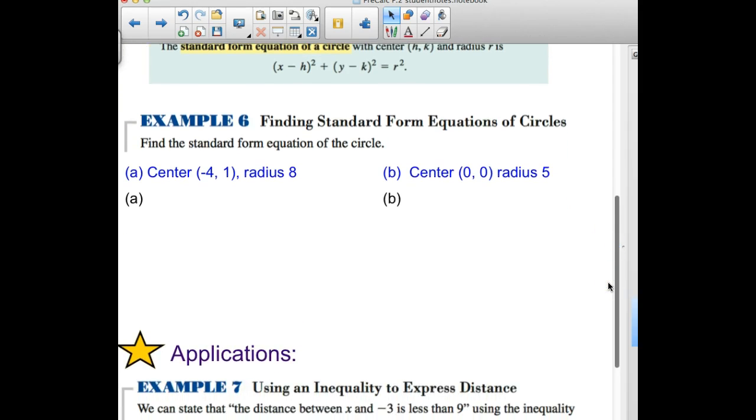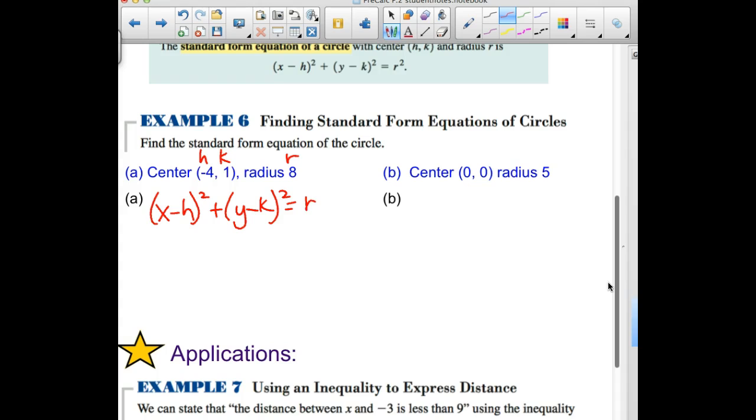All right, so example 6. It says find the standard form for the equation. This time we have a circle with a center at (-4, 1) and a radius of 8. So this is our r value and this is h and k. So our equation is x minus h squared plus y minus k squared equals r squared. And we just need to plug our numbers in now. So we have x minus a -4 squared.